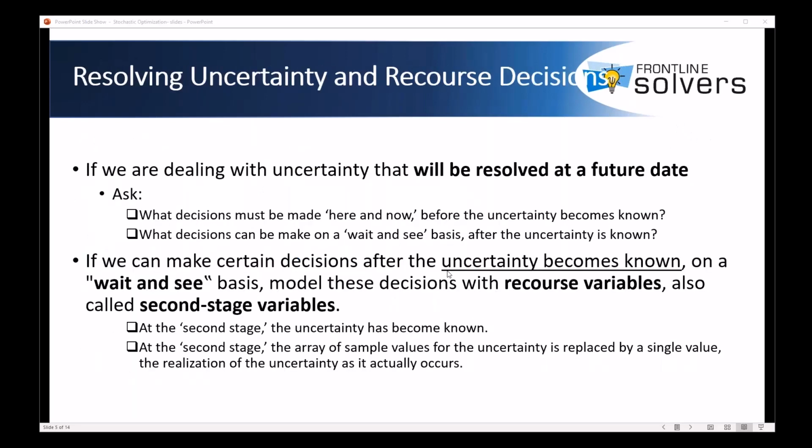Okay. We divide uncertainty into two general situations. In some real-world problems, we are uncertain about the value of a parameter today, and we will remain uncertain about its value in the future, and we have to make decisions in the presence of uncertainty.